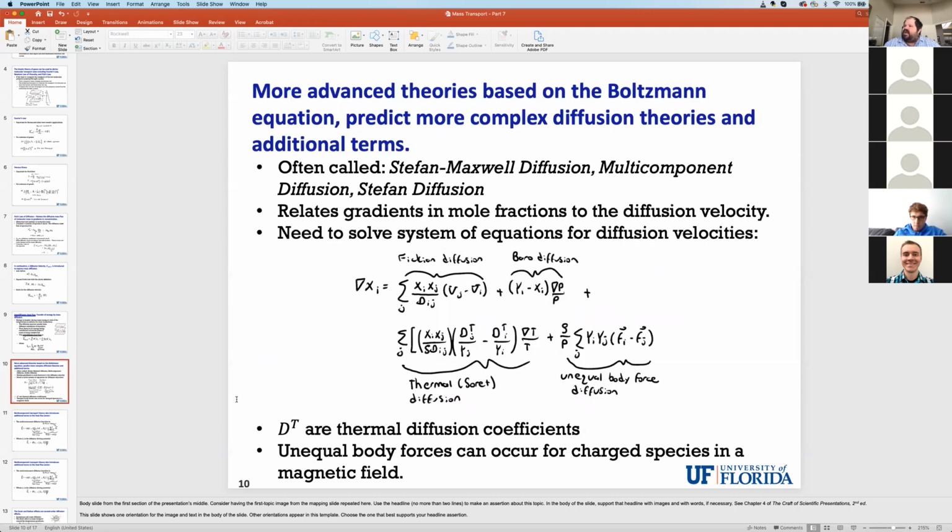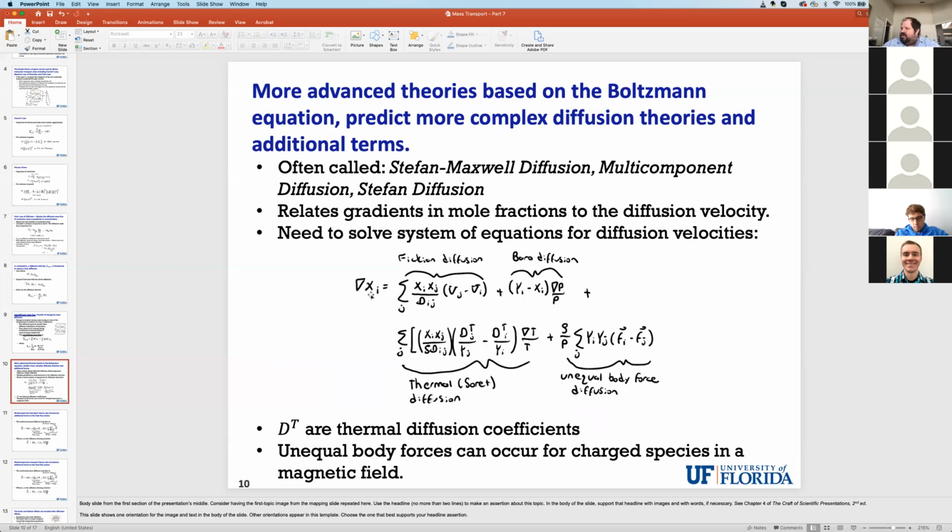Oh, and I should say that one thing that makes this expression difficult to use is that it is not explicit in terms of the diffusion velocities. You need to solve a system of linear equations to back out the diffusion velocities from the mole fraction gradients.